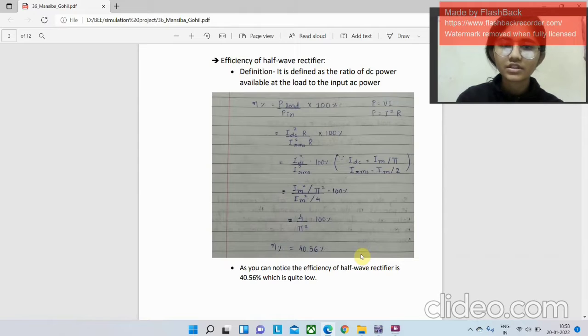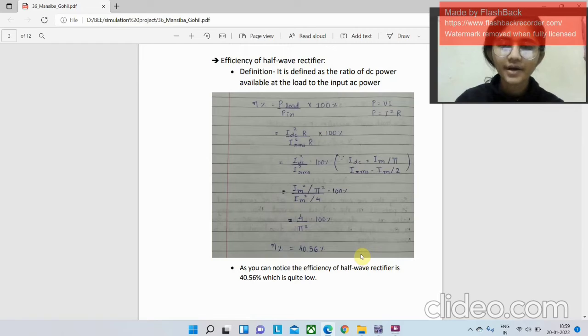Now, if we talk about the efficiency of the half-wave rectifier, firstly, what is efficiency? Efficiency is the ratio of power output by power input. What do we mean in half-wave rectifier? In the half-wave rectifier, it is the ratio of the DC power available at the load to the input AC power. That would be the ratio we need in order to get the efficiency of half-wave rectifier.